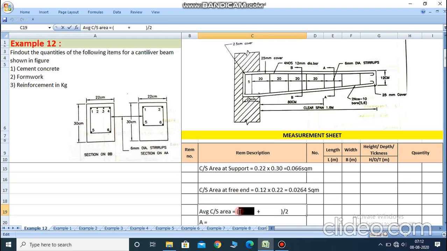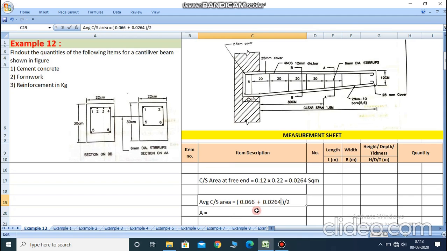So we write 0.066 plus 0.0264, divided by 2. So we got an average cross sectional area of 0.0462 meter square.